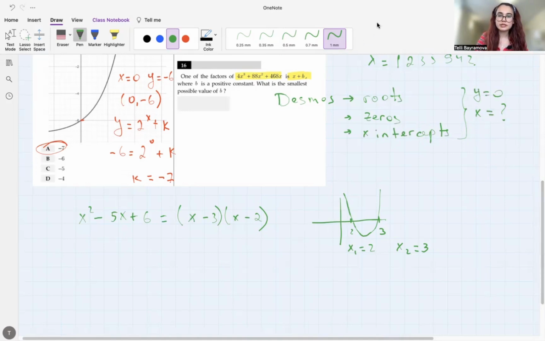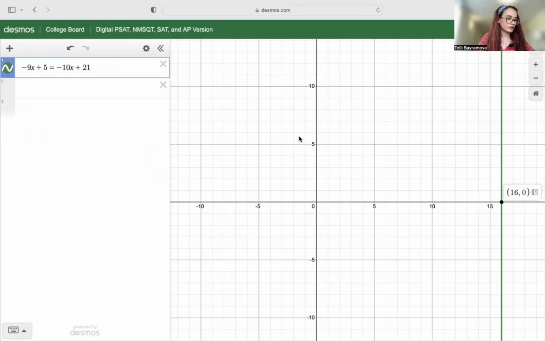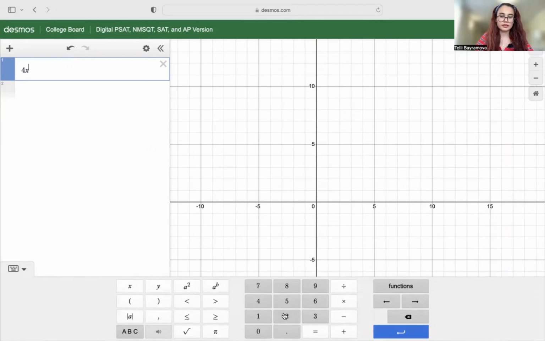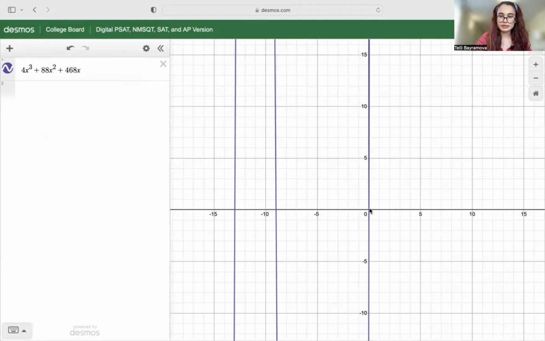So let's write this question: 4x cubed plus 88x squared plus 468x. Yes, we will see 3 intersection points, which are what? 0, 0.